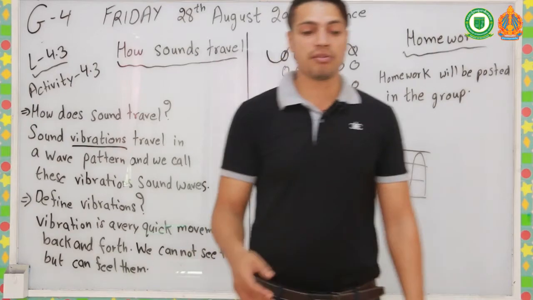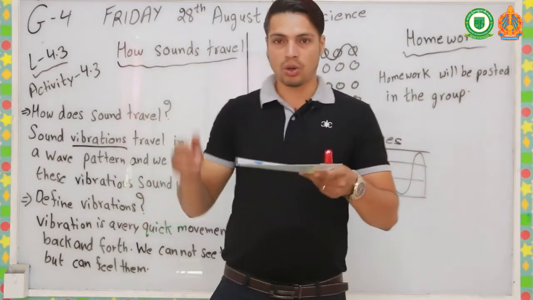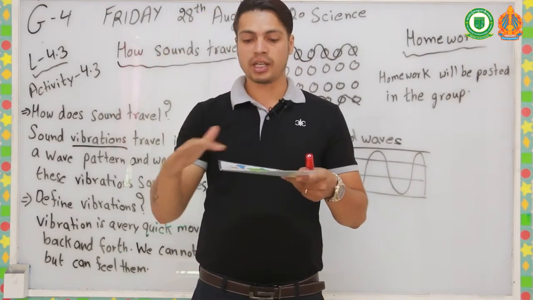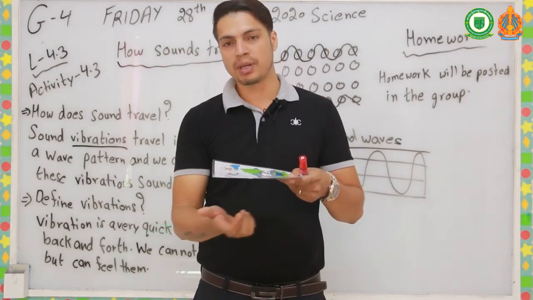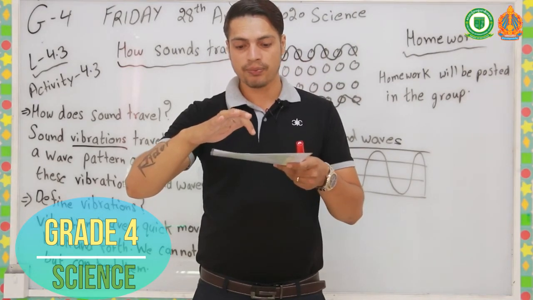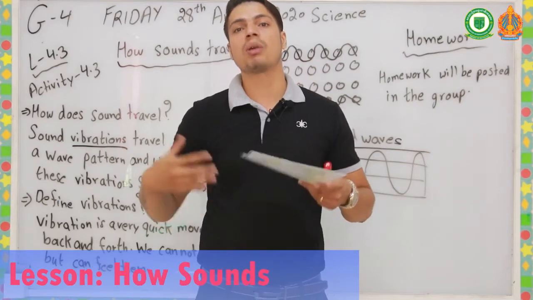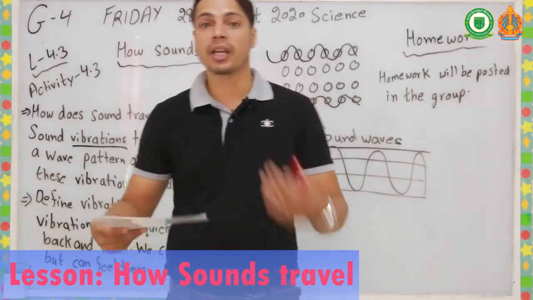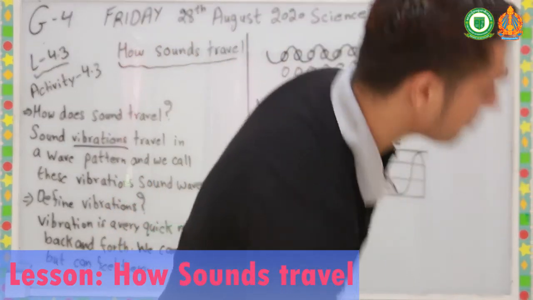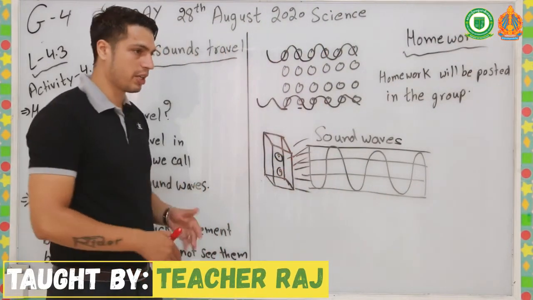As I explained in the first video, like this one here, it's not moving, so it has no movement, so no vibrations. But when I tap on the top, it has movement, so it vibrates, the vibrations come out, and we can hear the sound. But how does sound travel in a material?